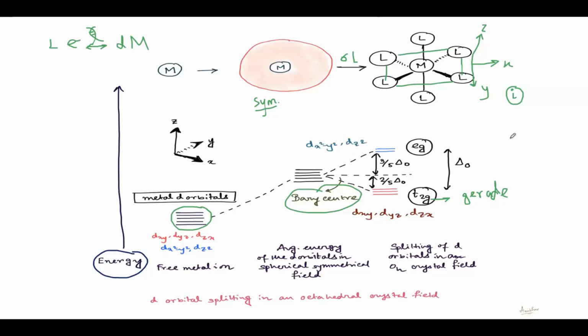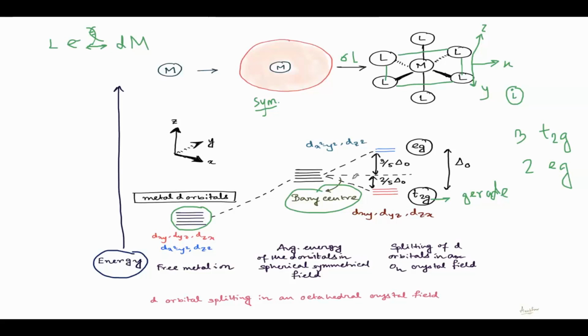So we are having 3 T2g orbitals and we are having 2 eg orbitals. Now, since the average energy of the complex should have been constant, here the average energy was something. Now we have split the energy orbitals into two sets, 3 T2g orbitals and 2 eg orbitals.